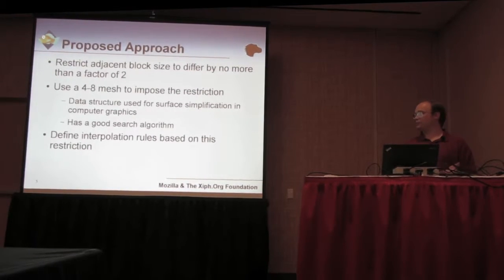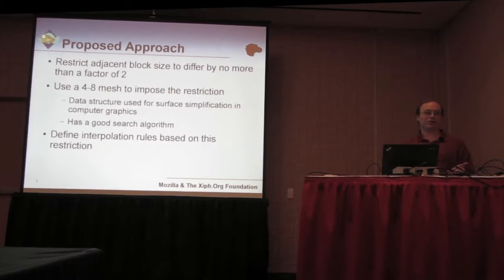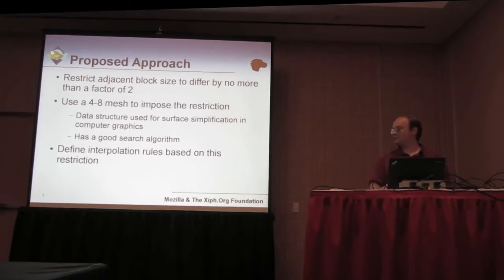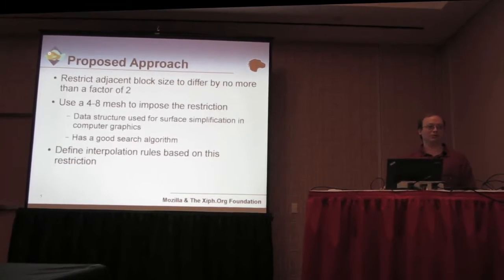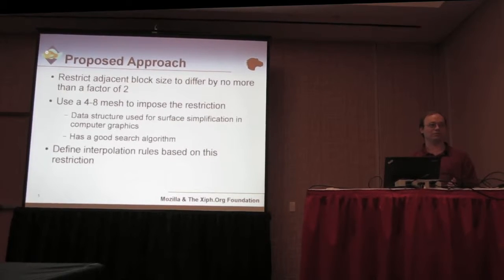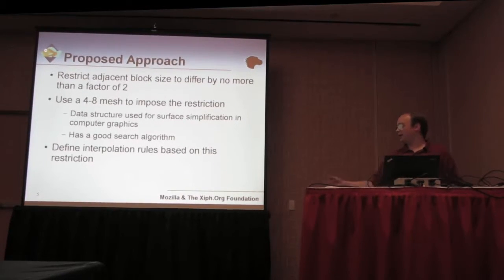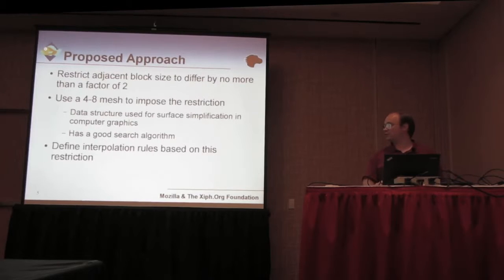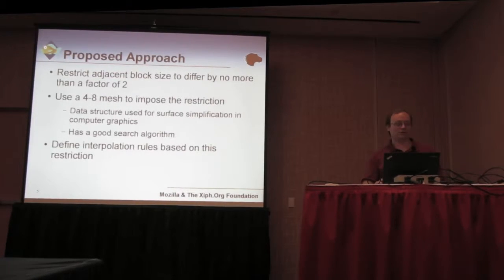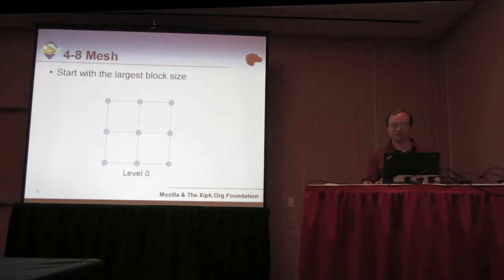It is used for surface simplification in computer graphics. The reason I'm doing that is because it has a good search algorithm, so I can do a reasonable search considering the overlap in my encoder. And given the restriction that block sizes differ by no more than a factor of 2, I can define interpolation rules based on that.